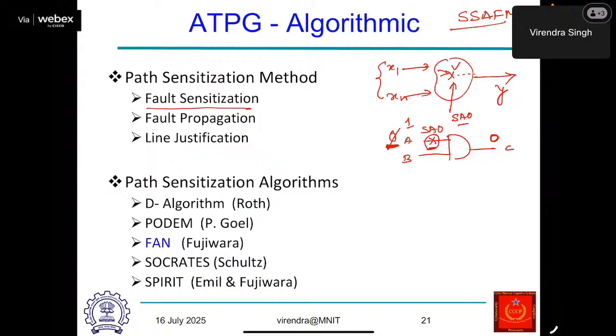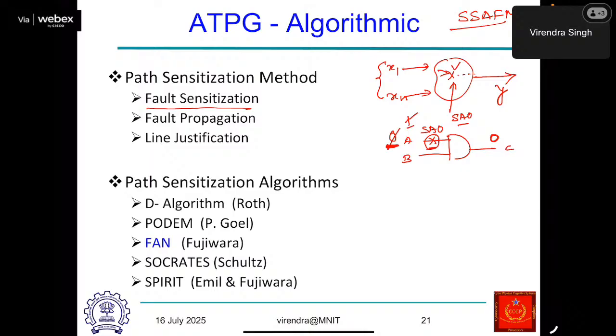We are generating the test for all possible faults, but at a time we are assuming only one fault. One time we assume that the net is stuck to logic 0, another time we assume that the net is stuck to logic 1, and therefore we have to develop tests for different faults.